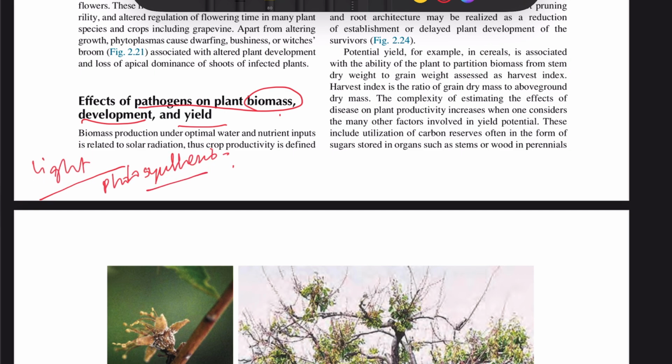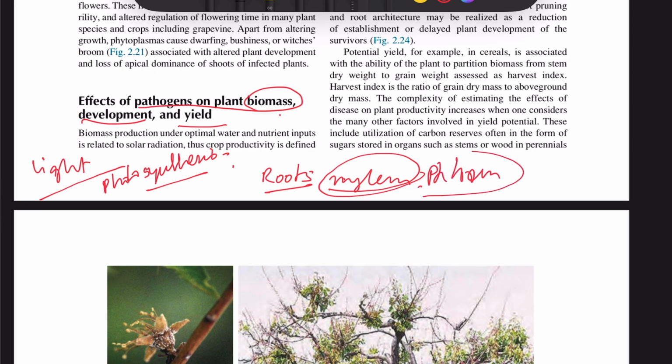This is about above ground. Below ground, what will happen? They infect roots, which limits the uptake of water and minerals because they are targeting xylem. Again, if there is no absorption of water or minerals, and we have also heard they target phloem as well.